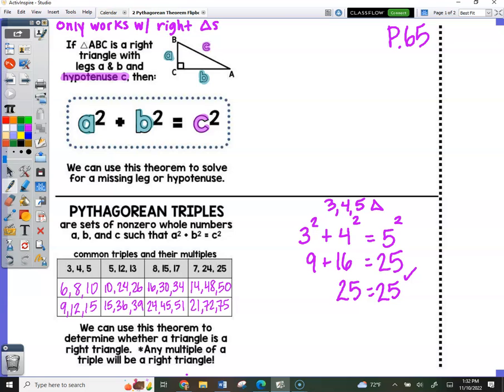So on your paper somewhere, and there's not a lot of room, maybe go to the notebook paper down below it. You need to put this right here so that you know where this came from. Put the math that we did, where we plugged 3, 4, and 5 in.